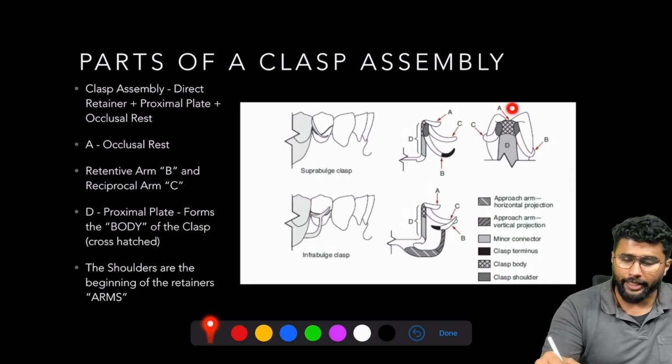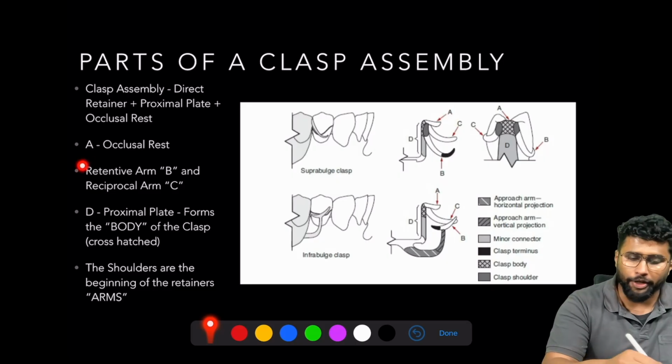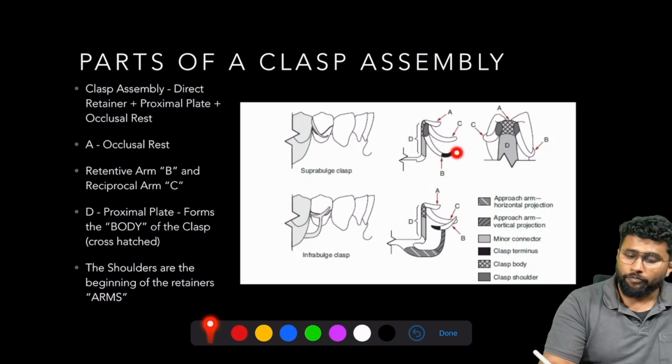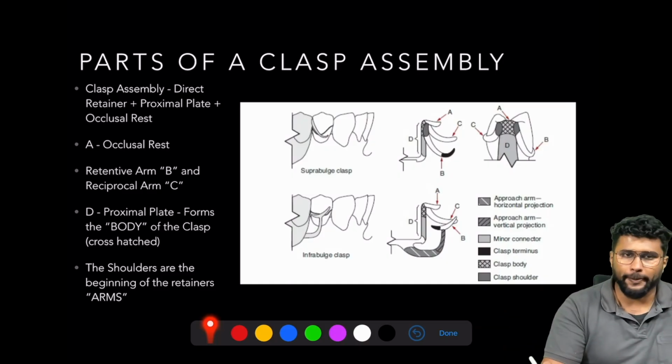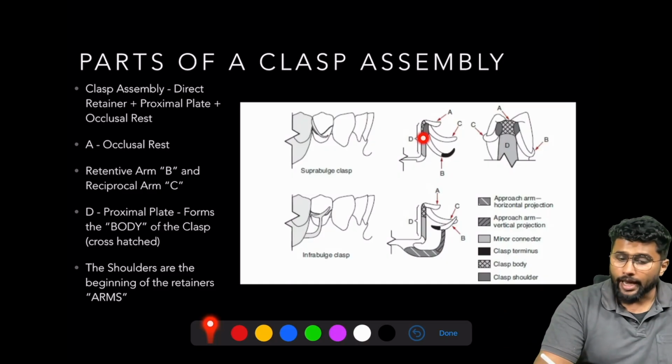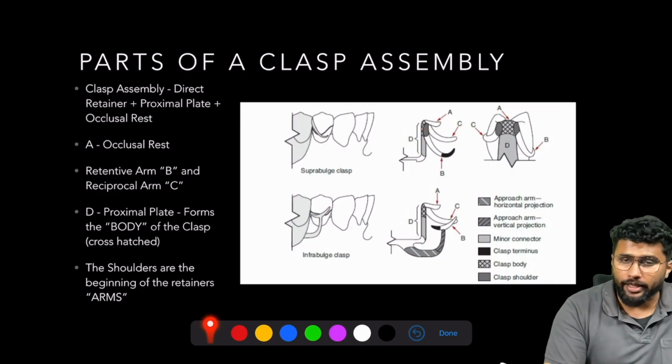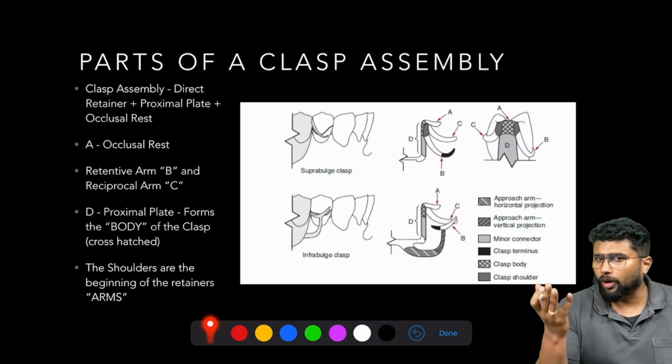If you look at this diagram, A is obviously going to be the occlusal rest. B is going to be your retentive arm. And what you see on the lingual side, C, is a reciprocal arm. Just know the names for now. D is a proximal plate. So remember, the clasp assembly also has a proximal plate.